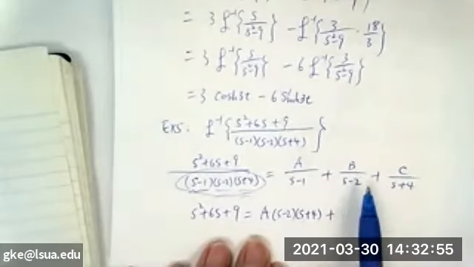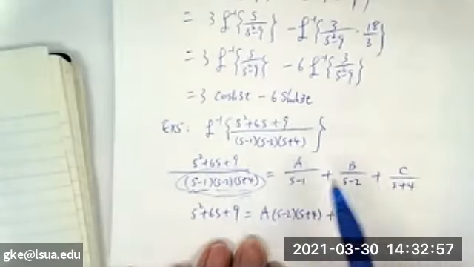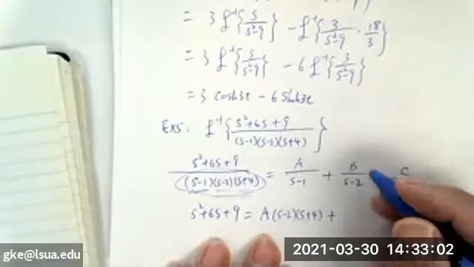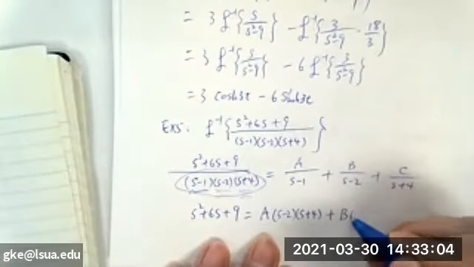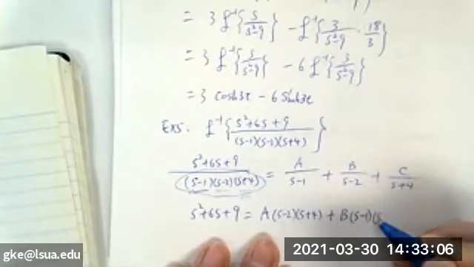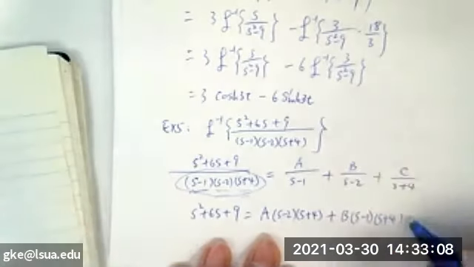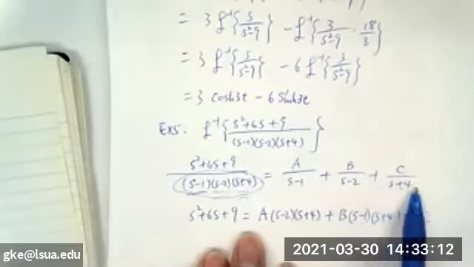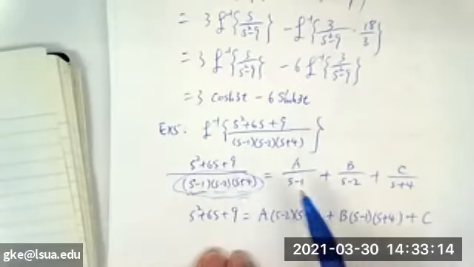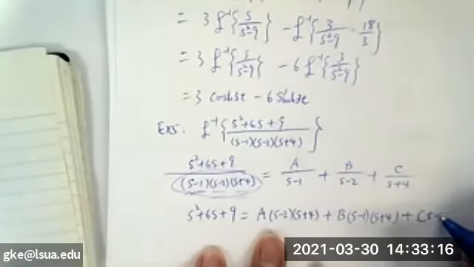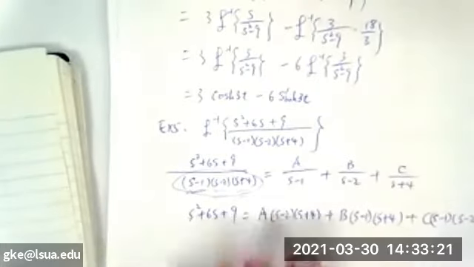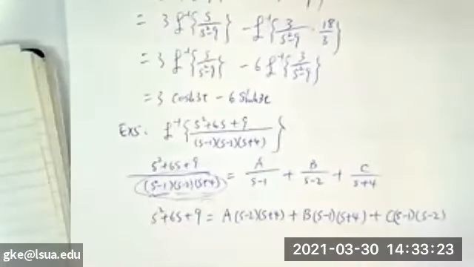For the second term, we cancel out s minus 2, so we have b times s minus 1 times s plus 4. And for the last term, we cancel out s plus 4, so we have c times s minus 1 times s minus 2.